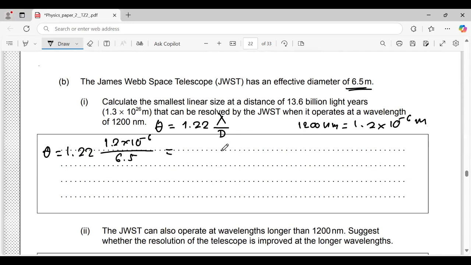If you calculate, the result is 2.25 times 10 power minus 7 radians.